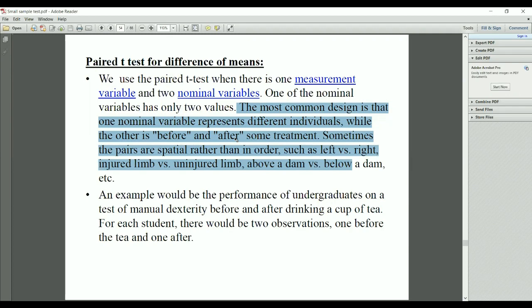For each student, there will be two observations, one before the tea and one after the tea. So the sample group is the same, but we are taking observations at two times. We are observing the same persons at two times, before the cup of tea and after the cup of tea. So that time we will go for the paired t-test.